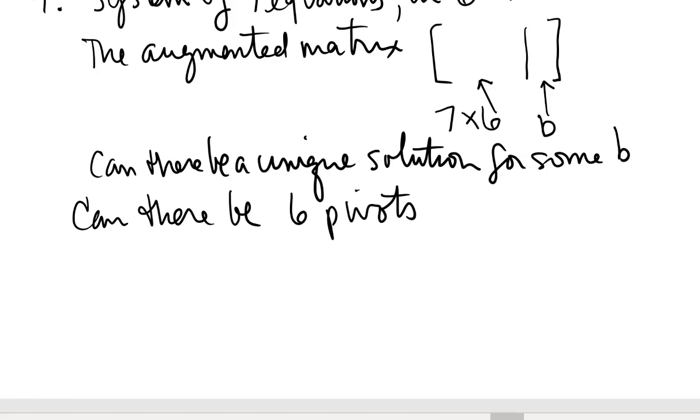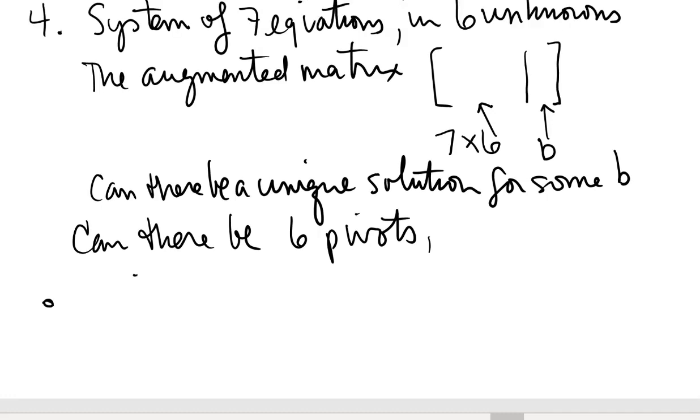Can there be 6 pivots on the left side of that matrix? And the answer is yes, there can be 6 pivots in there, because the number of pivots is limited by not only the number of rows, but the number of columns. And there's 7 rows, so we could have 6 pivots in there. So that's a yes, which would give us a unique solution as long as that last row is all zeros in the reduced echelon form.